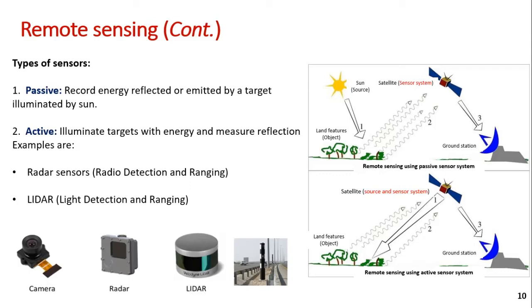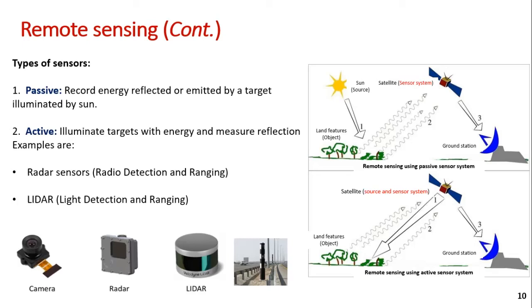So the satellite with the sensor sends the energy and the light is directed onto the target feature, like the vegetation. Then there will be a reflected energy, and then it would be captured by the sensors of the satellite, stored, and then sent to the ground station. And here you have two types of active sensors.